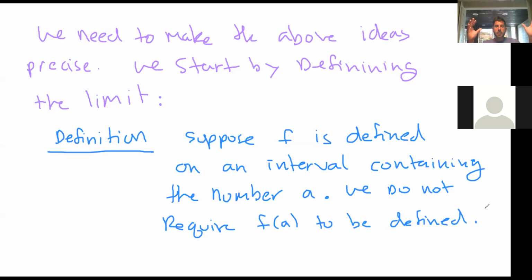So if I have an interval that contains A, all I'm asking is that it's defined around A. It could be defined at A, but it doesn't have to be. Now, that might not really make much sense to you right now, but soon enough it will.